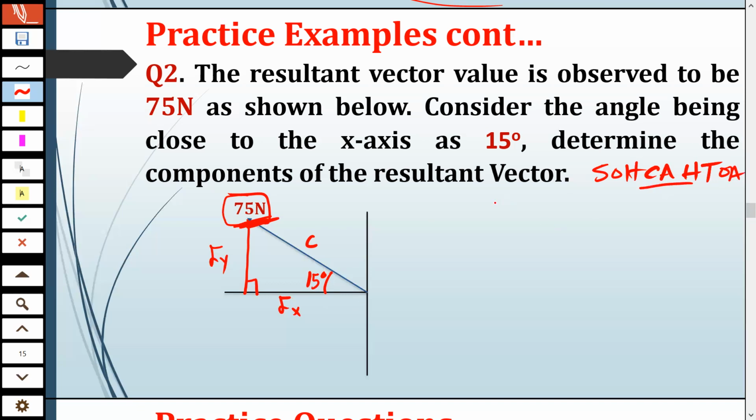So we use cos. We're going to say cos 15 degrees is equal to what?